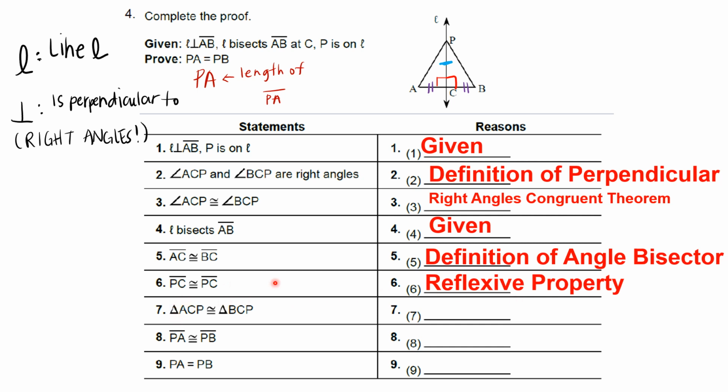And then next line, okay, we're jumping to the triangle congruence here. So we've got to figure out which postulate we are going to use. Triangle ACP is congruent to triangle BCP.